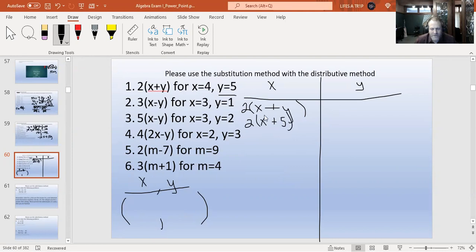We're going to put that 5 right in there, substituting it for the Y. Now the distributive method, because these are unlike terms, in addition you can't do it. And then let's do plus 10. So 2 times X is 2X, 2 times plus 5 is plus 10.